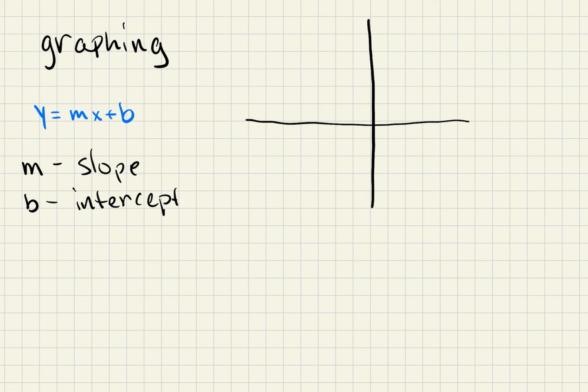Although this graph looks a little lopsided, but it's fine. Okay. Let's go ahead and try y equals negative 3 over 2 x minus 2. Let's do plus 2 actually.